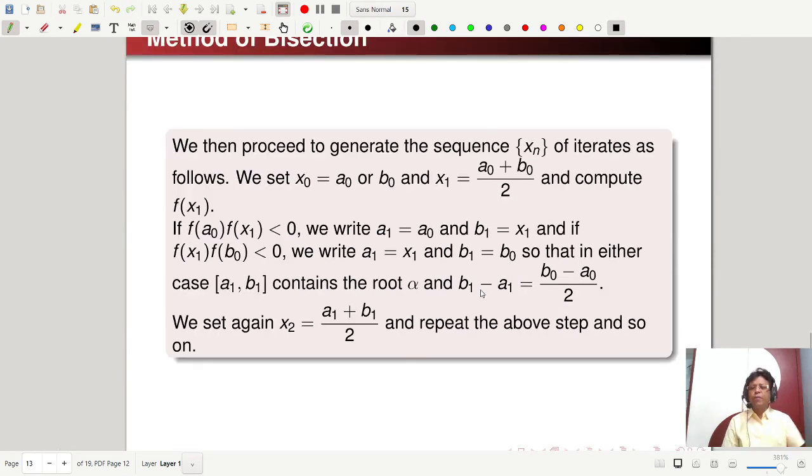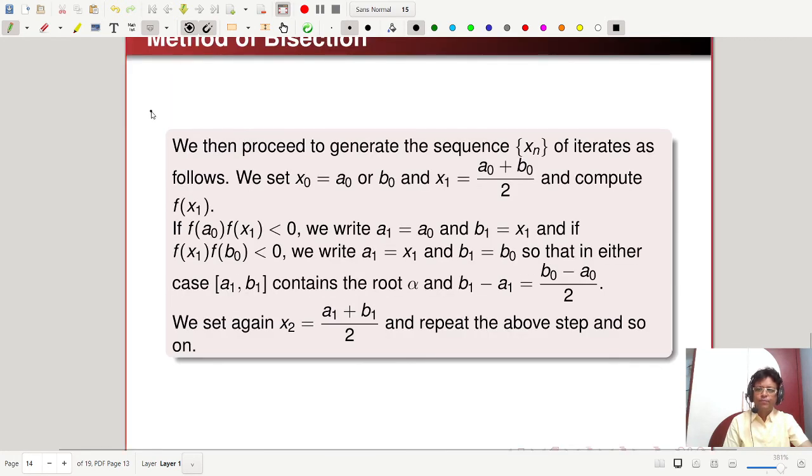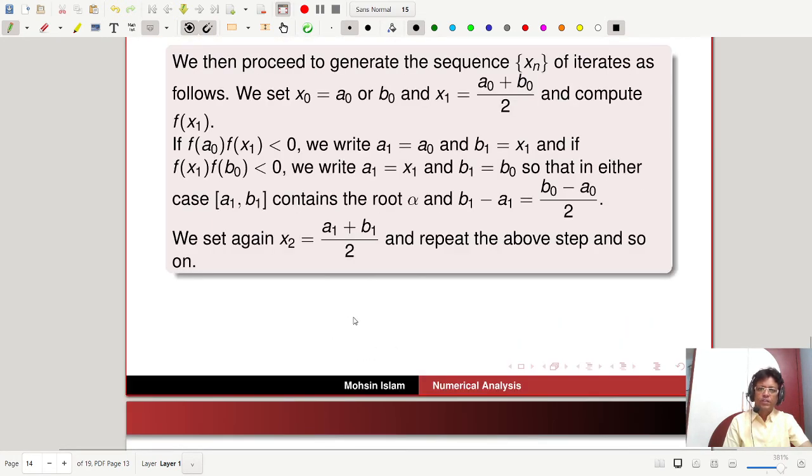Now we proceed to generate the sequence x_n of iterates as follows. We set x0 equal to a0 or b0 and x1 equal to (a0 + b0)/2. Let me draw once again. Suppose this is your x0, which is a0, and this is your b0.